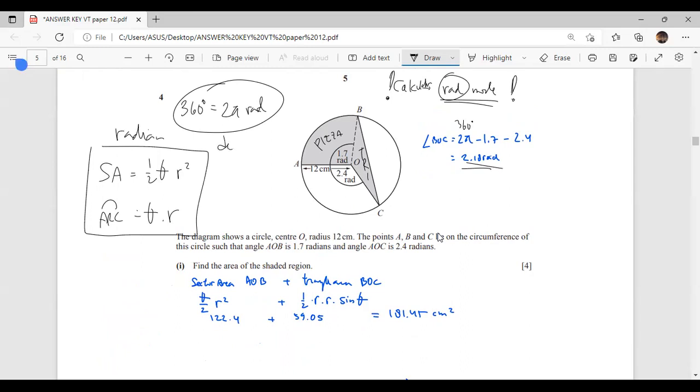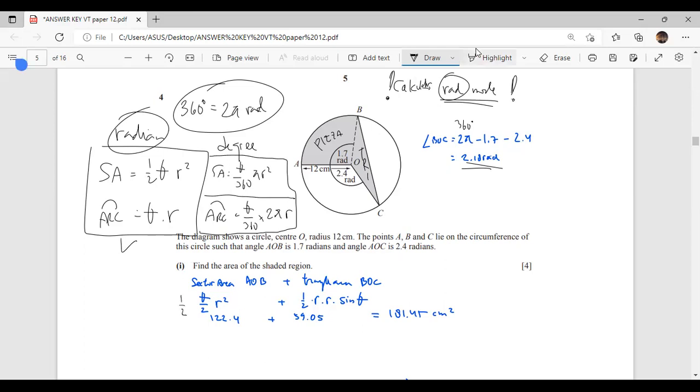If in terms of degree, sector area is theta over 360 times pi r squared, remember? And then the arc formula is theta over 360 times 2 pi r, the circumference of the circle, right? But in this case, you use the radian form. Okay, half r squared theta, or you can just write like this, to make it more simple and more faithful to the formula, right?